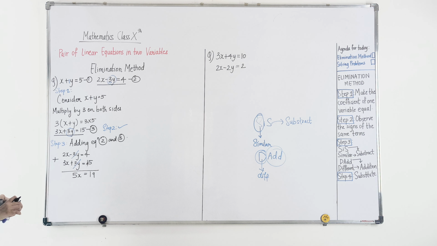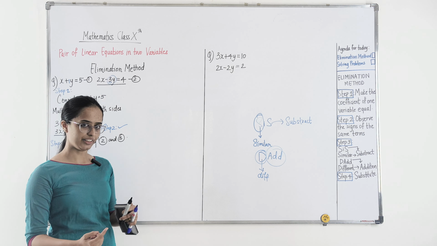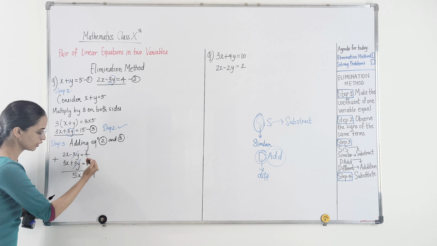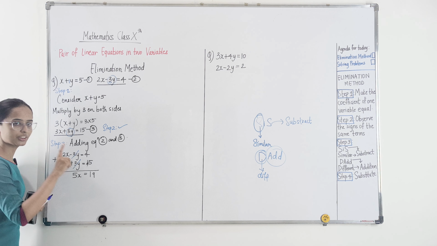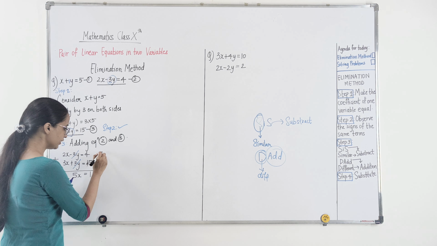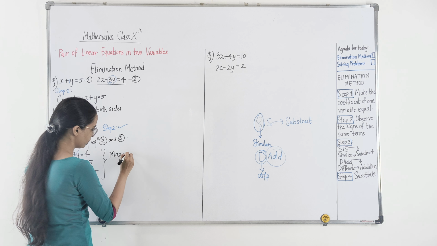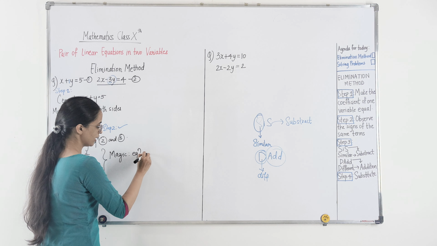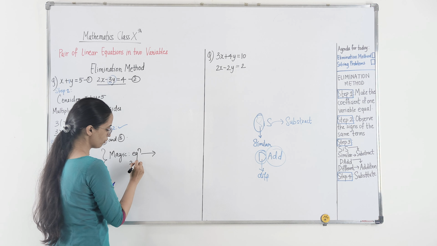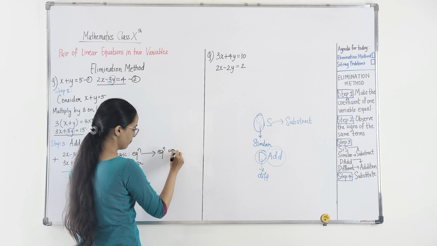Now here if you see, when you try to combine these two equations using addition, the system of equations gets converted into an equation in one variable. So again here a magic happens where your equation of two variables gets converted into an equation of one variable.